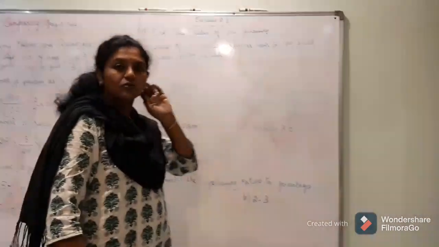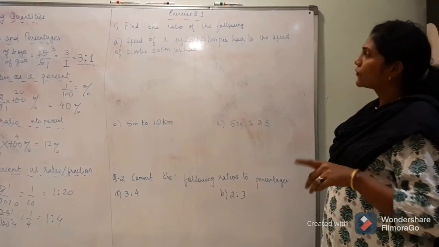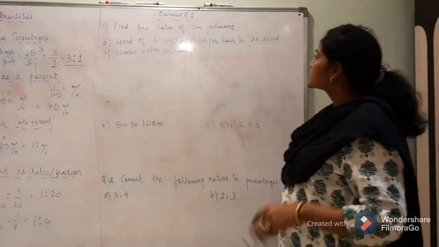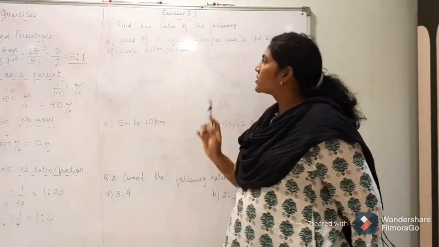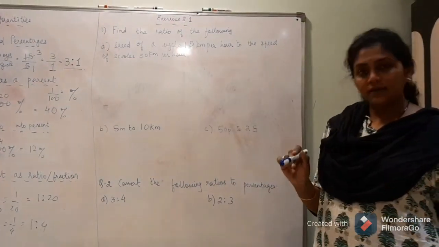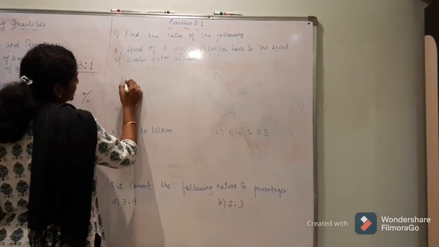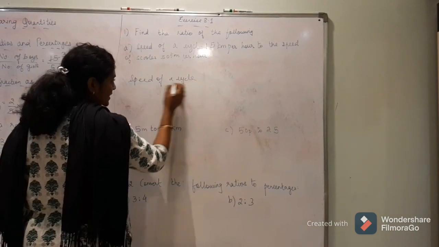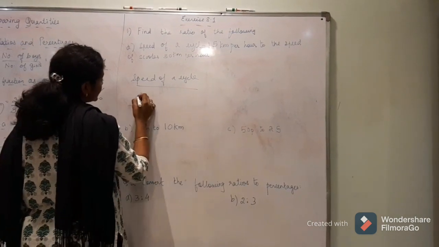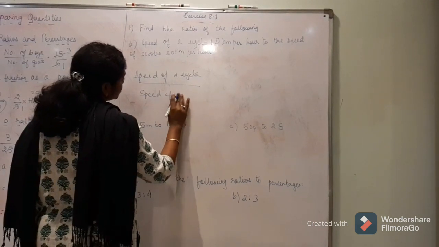Now let us go to exercise 8.1. Find the ratio of the following. A, speed of the cycle 15 km per hour, to the speed of the scooter 30 km per hour. So that is speed of cycle divided by speed of scooter.